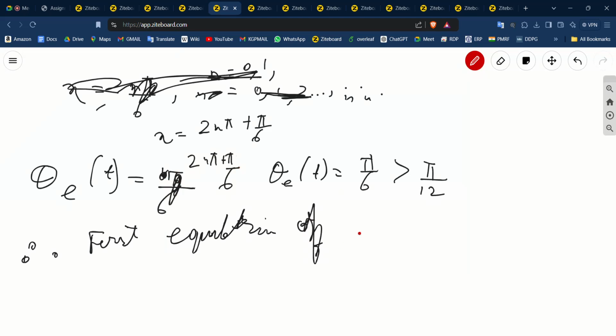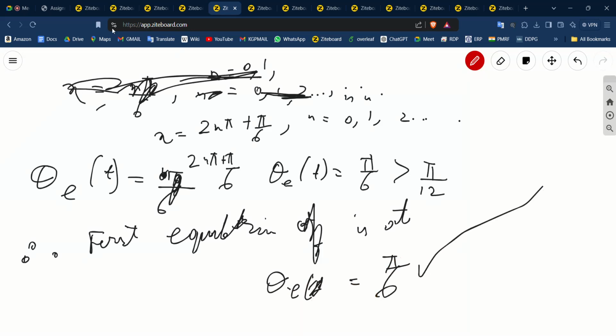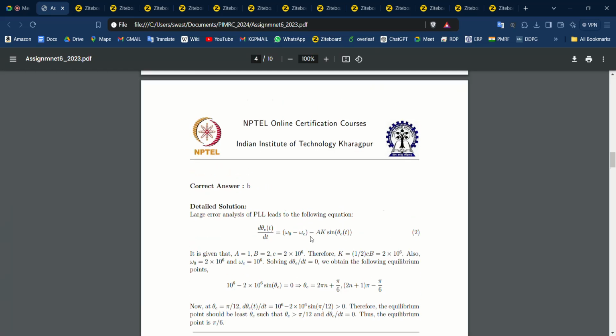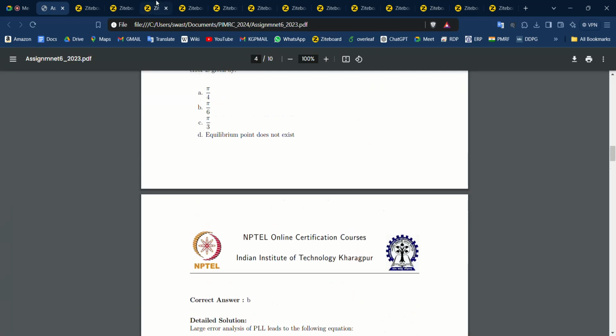First equilibrium is at, here n will be 0, 1, 2 and so on. So first equilibrium is at theta e(t) equal to pi by 6. So the first equilibrium will be pi by 6. The correct answer is pi by 6, or option B.